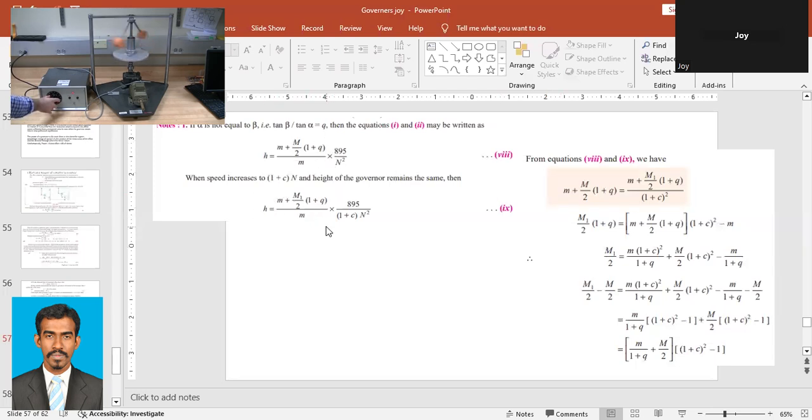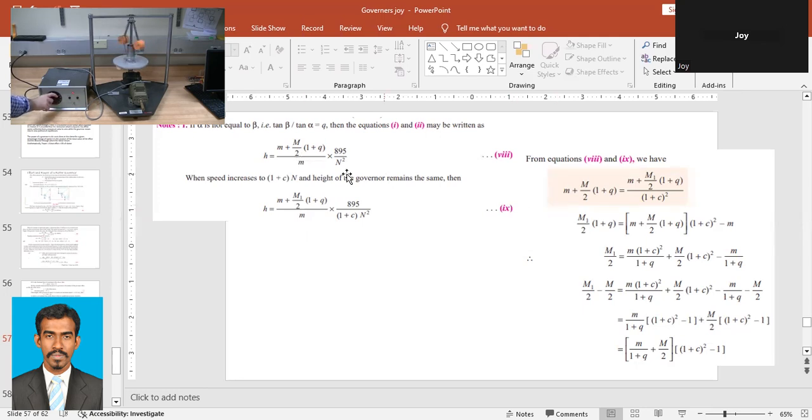We are going to equate these two. That means (m plus capital M) by 2 into (1 plus q) is equal to (m plus capital M1) by 2 into (1 plus q) into (1 plus c) into n squared. So this n squared and this n squared will be cancelled out. This m and this m will be cancelled out.